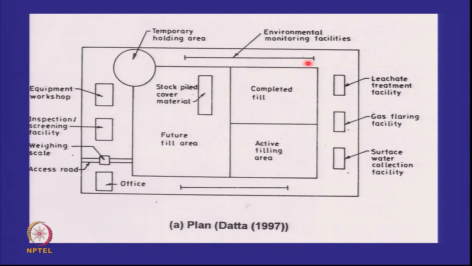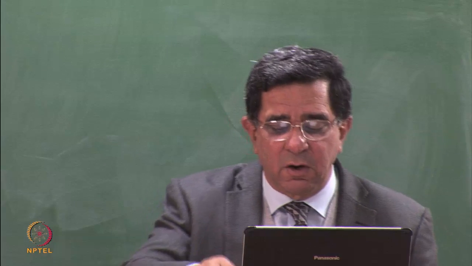And when you collect the leachate, it goes to a leachate treatment plant. When you collect the gas, it goes to a gas flaring unit. When you collect the surface water, it goes to a surface water collection unit. And then you will have environmental monitoring facilities. So this is a nice diagram which tells you what it looks like.